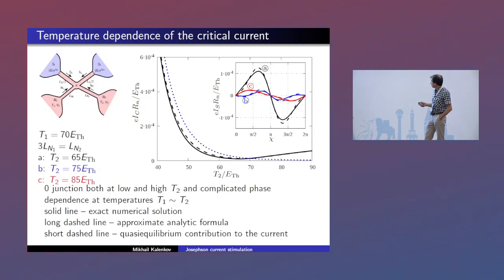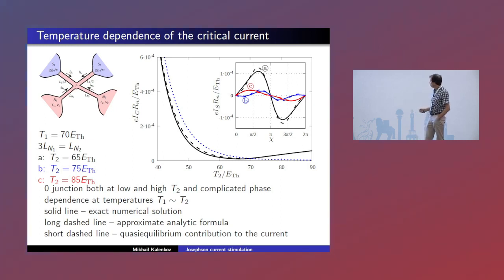And that is important. Here is shown the result of the numerical calculations using just the Usadel equation without any approximation and our formulas. You see that at low temperatures, the quasi-equilibrium contribution to the Josephson current dominates. This is the critical Josephson current as a function of T2 when the temperature T1 is fixed.